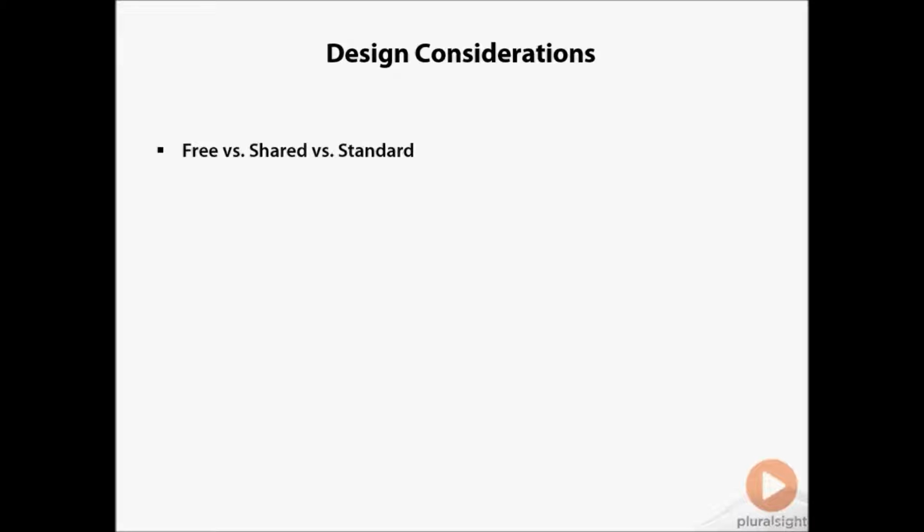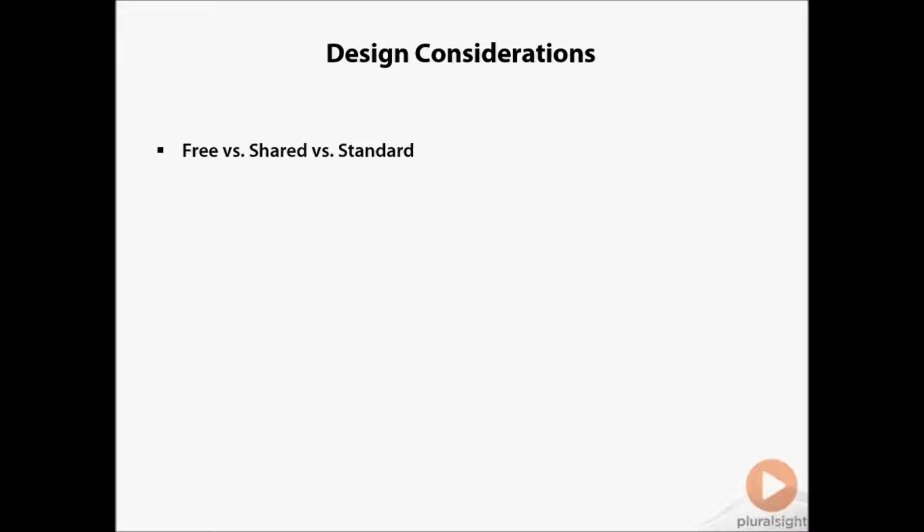The first one is, we talked about the free, shared, and standard types. Of course the free, as I explained earlier, is truly multi-tenant hosting with certain quota limits. Shared is also multi-tenant with removed quota limits. And then of course the standard instance is where you get a virtual machine for yourself.